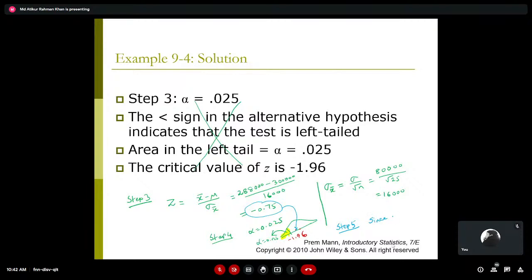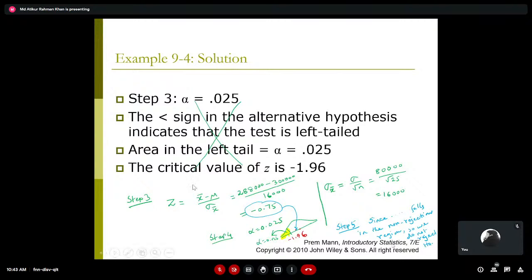Okay, so we got it done. We do not reject null.